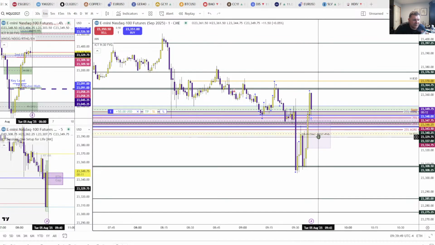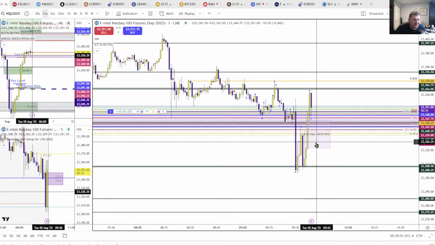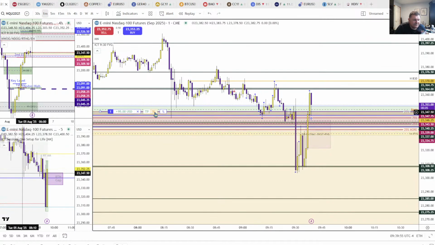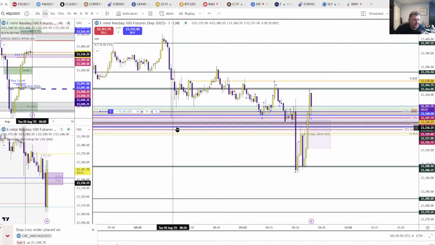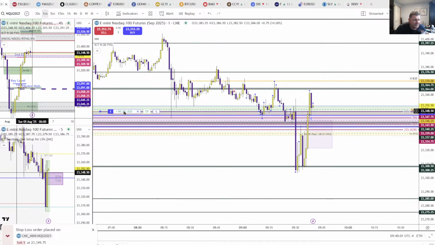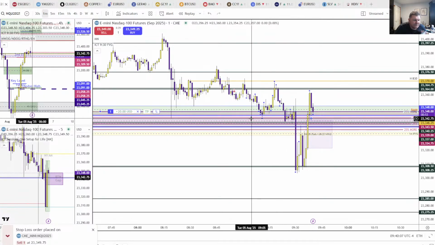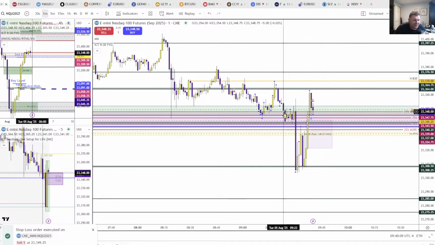I'm looking to load some more down into this inverse, this first presentation fair value gap back here again. No, I don't want to revisit that. So I want to see that start climbing higher now, or it takes out my stop.